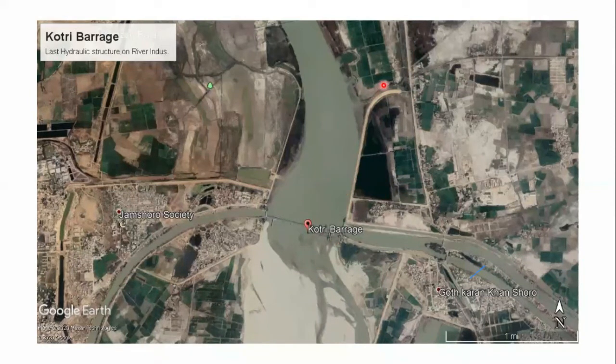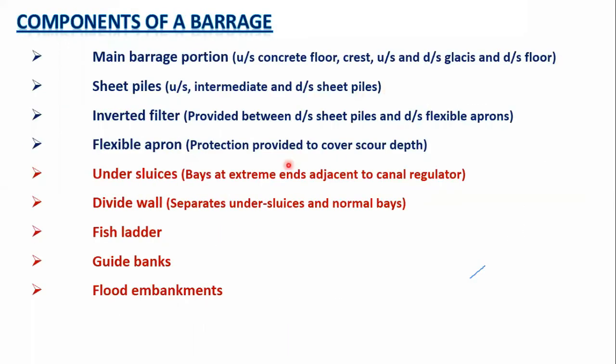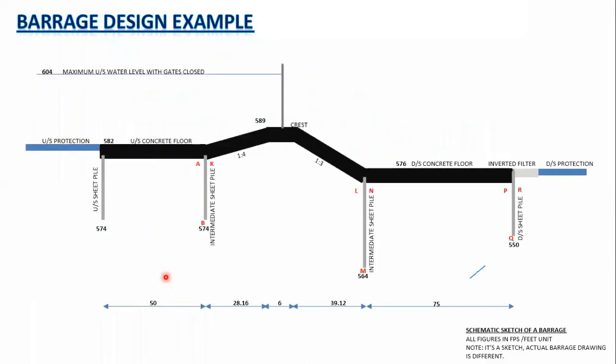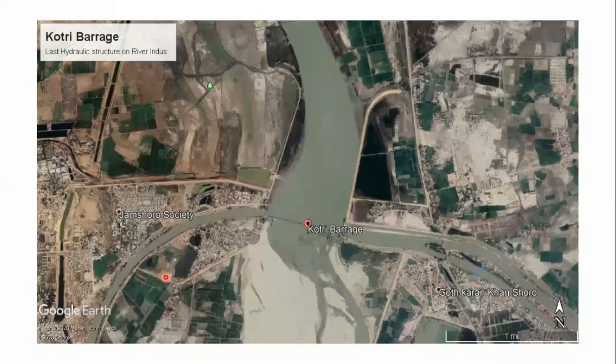The length of these guide banks plus the flood protection embankments, both lengths are equal to the length of the M1 water surface profile created for a particular case after construction of the barrage.